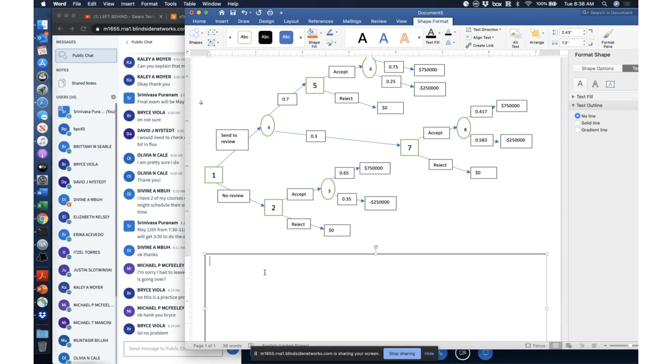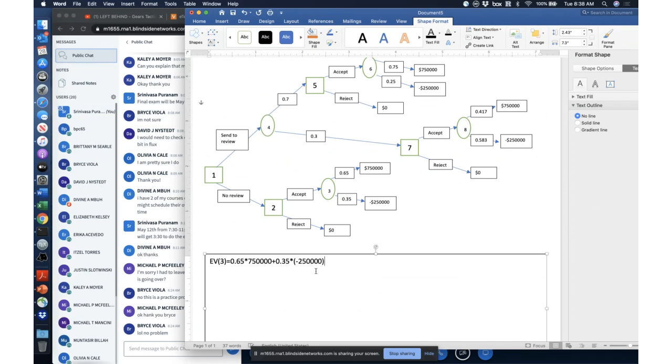So the expected value at node 3 is 0.65 times 750K plus 0.35 times minus 250K.